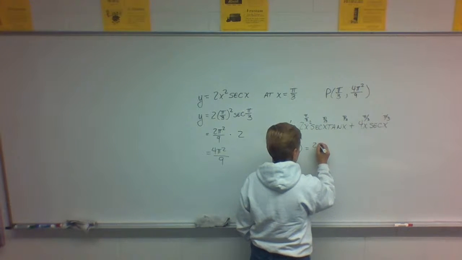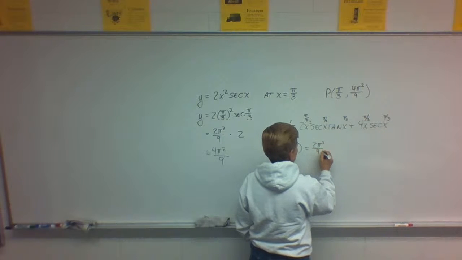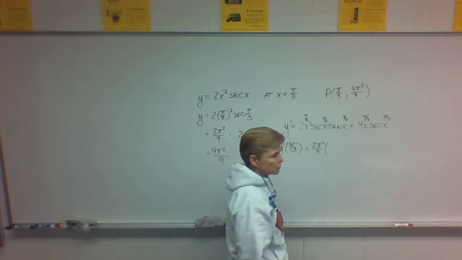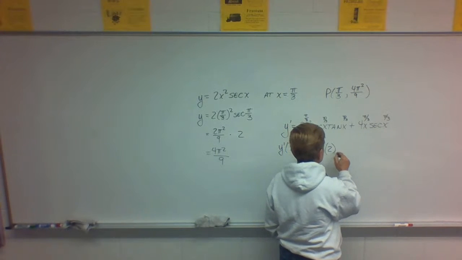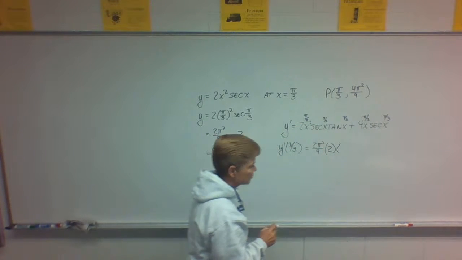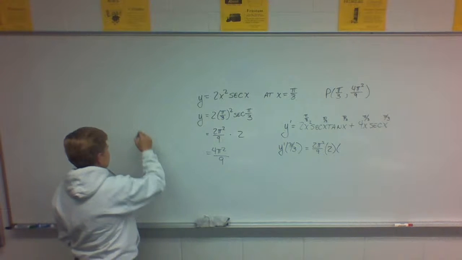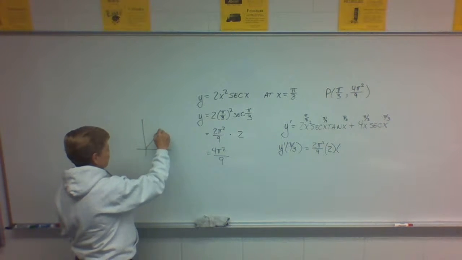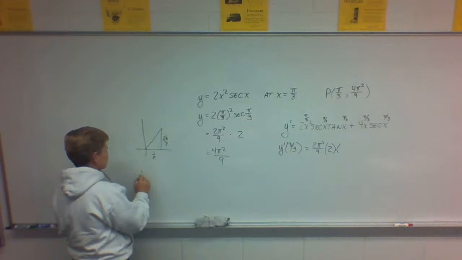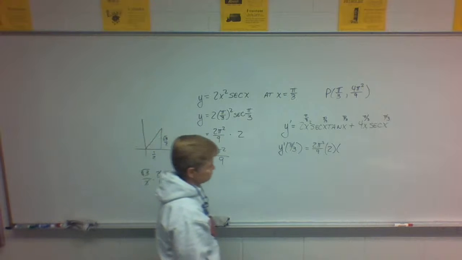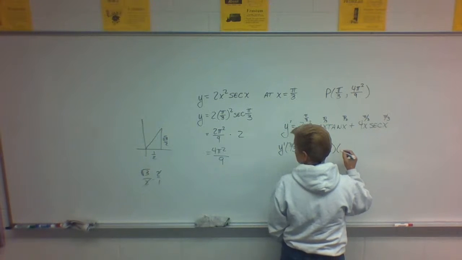What's the secant of pi thirds? We just did this. 2. What's the tangent of pi thirds? Root 3. That's root 3 over 2 over a half, so root 3 over 2 times 2 over 1, which is root 3.